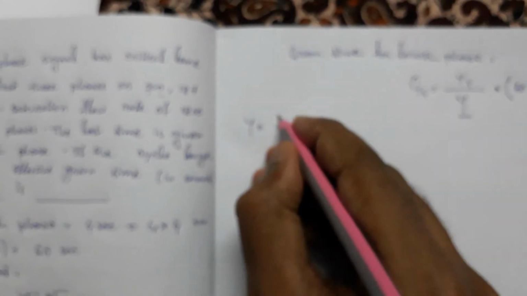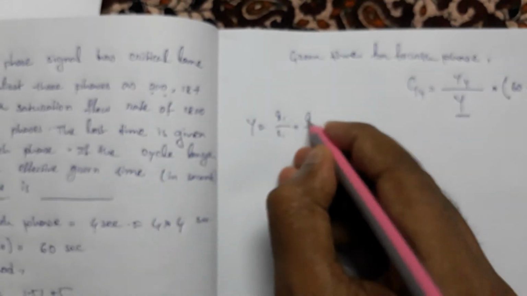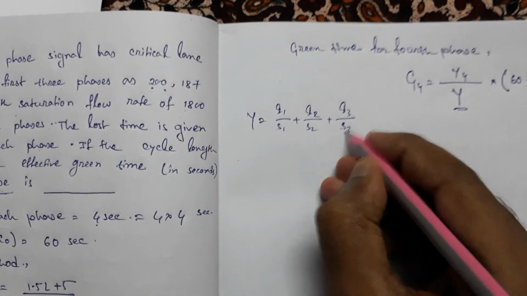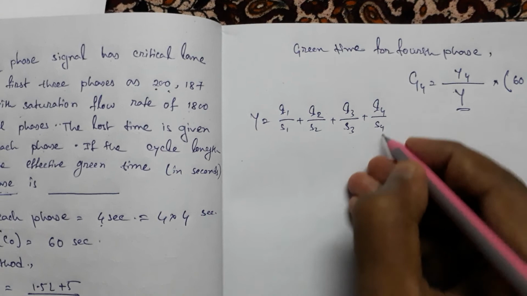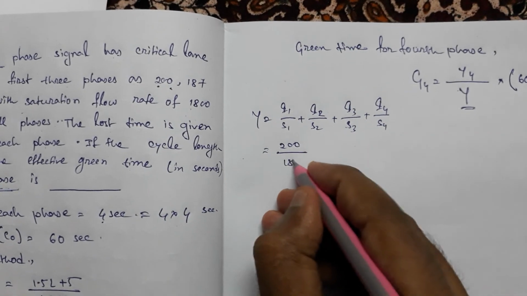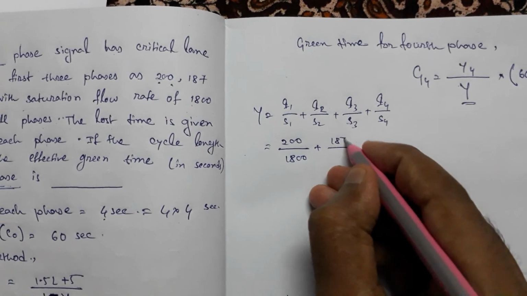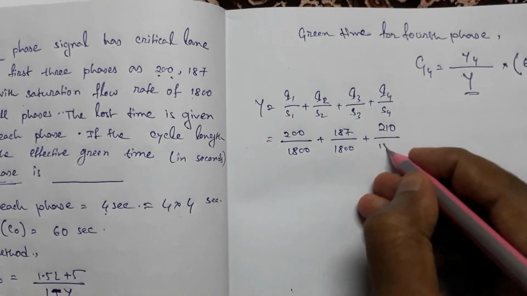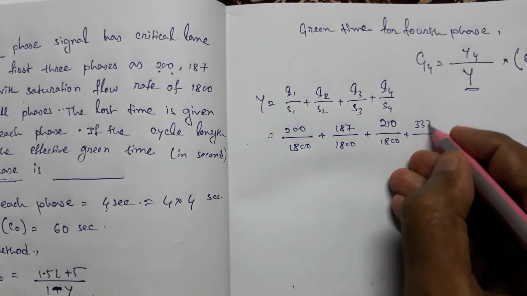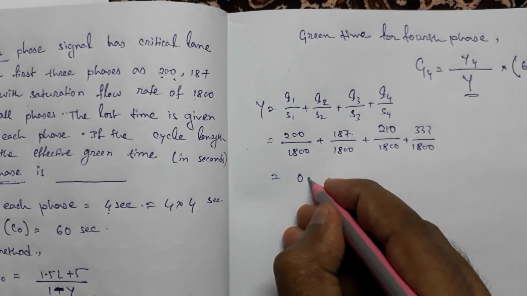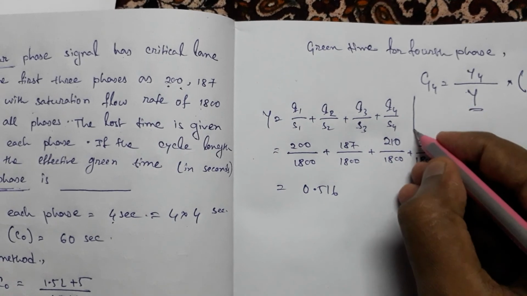Y equals Q1 plus Q2 plus Q3 plus Q4, that is 200, 187, 210 and 333 divided by 1800. The value comes to 0.516.